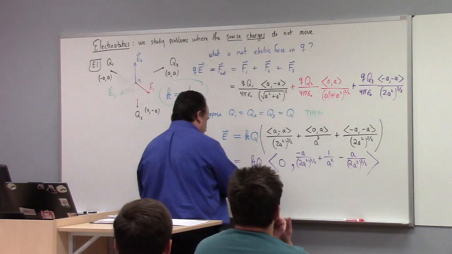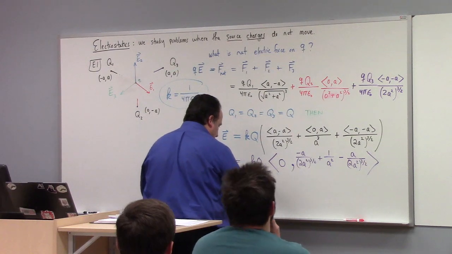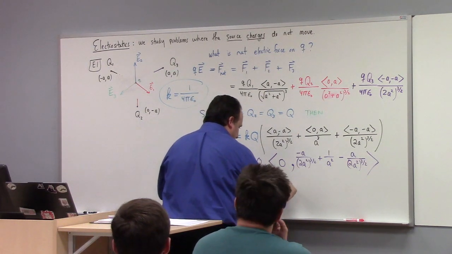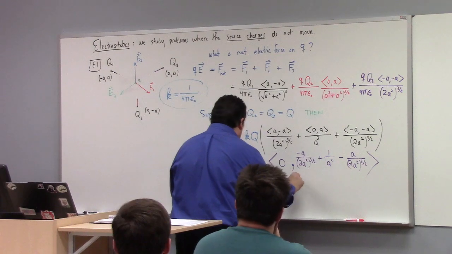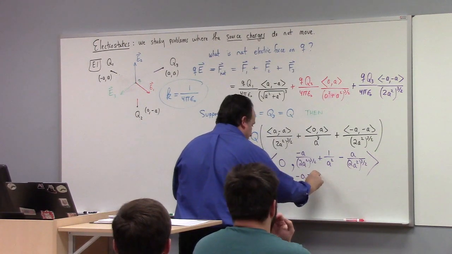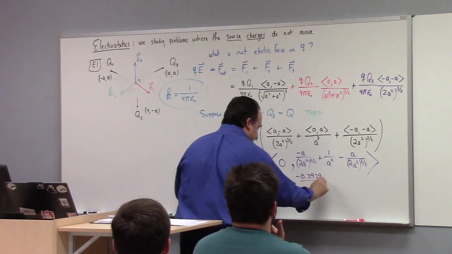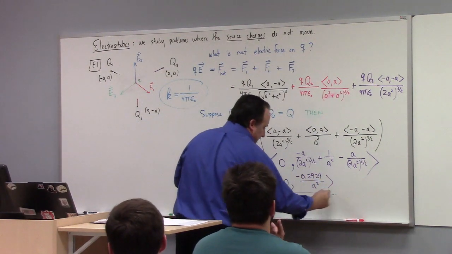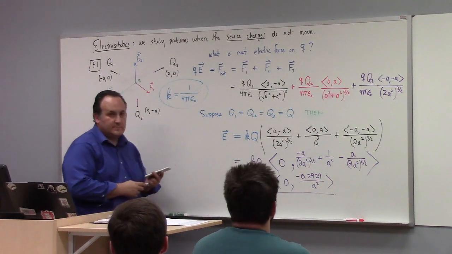So this works out to something like, I should probably give you a closed form expression, but this is physics, so you'll forgive me for using a decimal here. Minus 0.2929, something like that, divided by a squared. So there you go. That's the net electric field at the origin here.